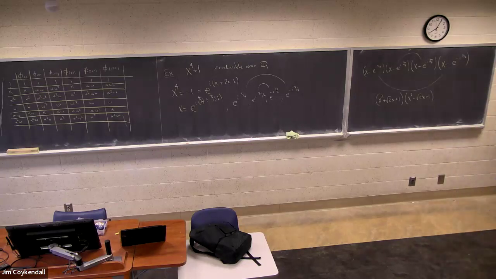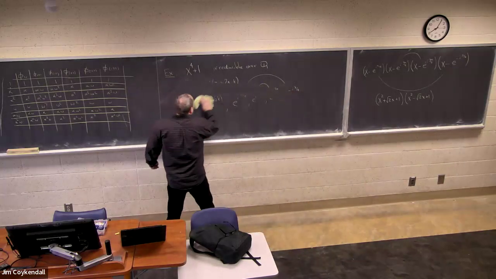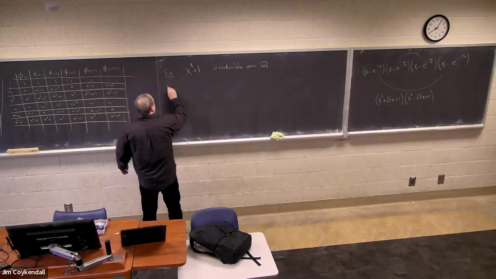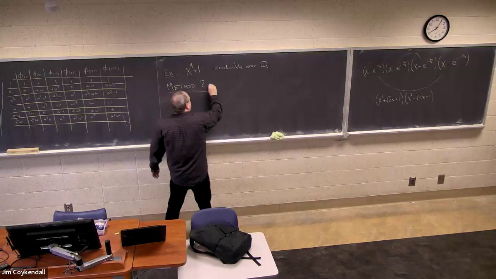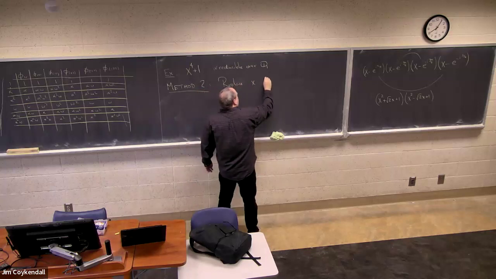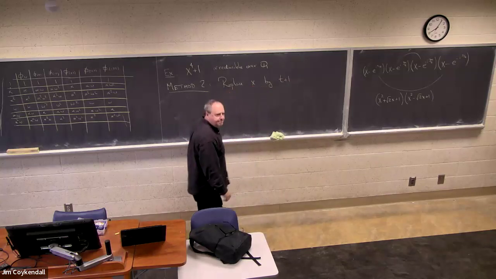Another thing is this is kind of a nifty trick. This one's actually Eisenstein. Doesn't look like it, does it? But it is. Method 2. Replace x by t plus 1, so that t equals x minus 1.